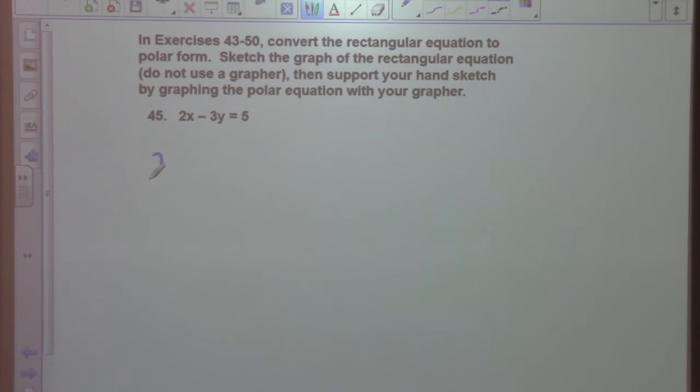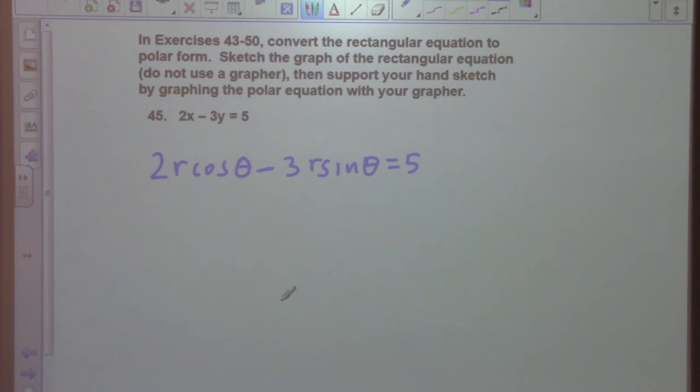So I rewrite this as 2r cosine theta minus 3r sine theta equals 5. So what do you think is going to be a strategy in solving this one for r?